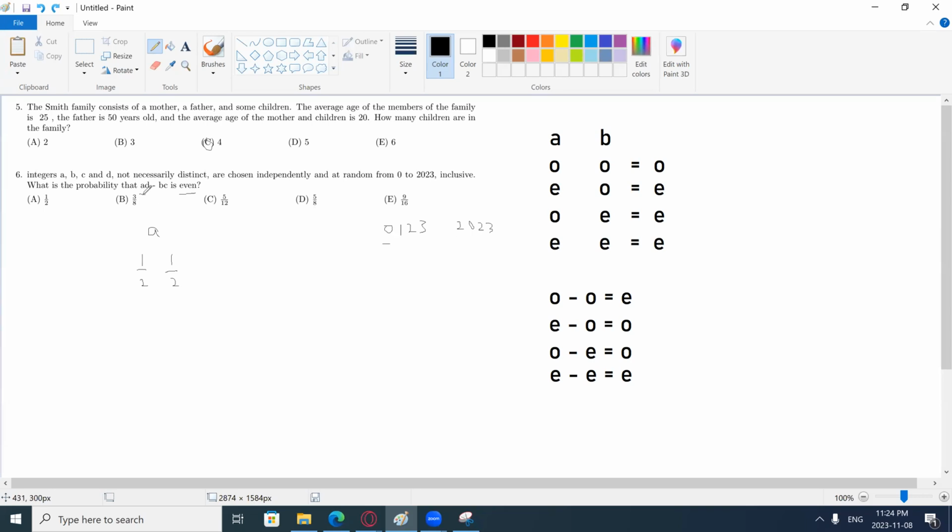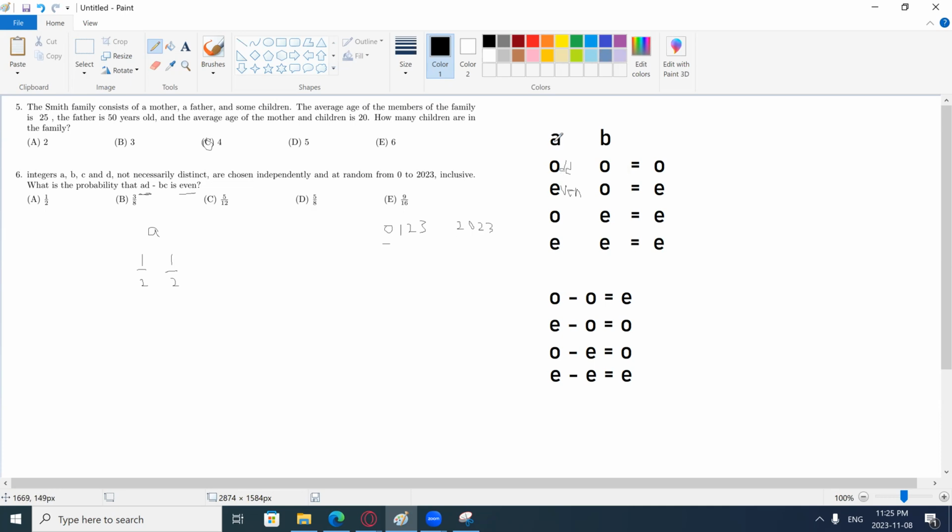In this case, we care about the product of A and D. So in this case, the first would be A and the second would be D. Since the chances of getting odd, O, and even, E, are equal, all the combinations of two numbers being odd and even have an equal chance of happening.